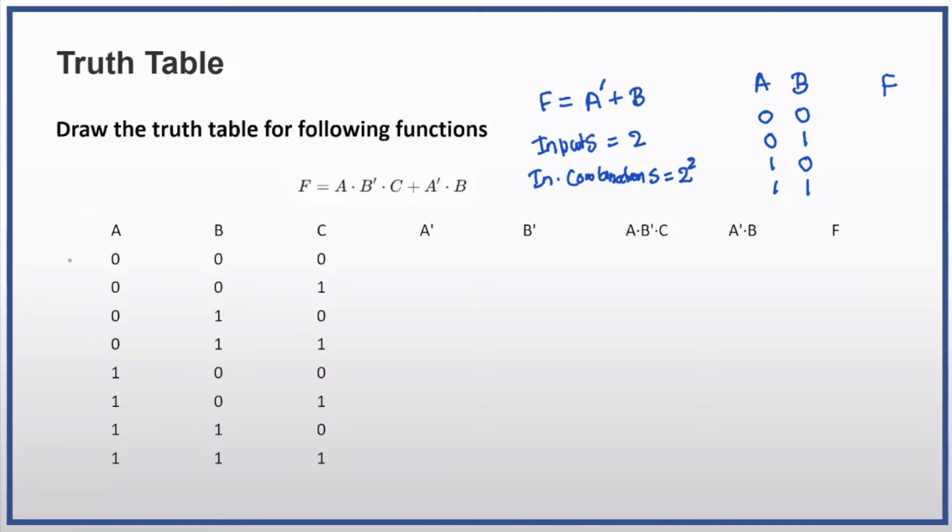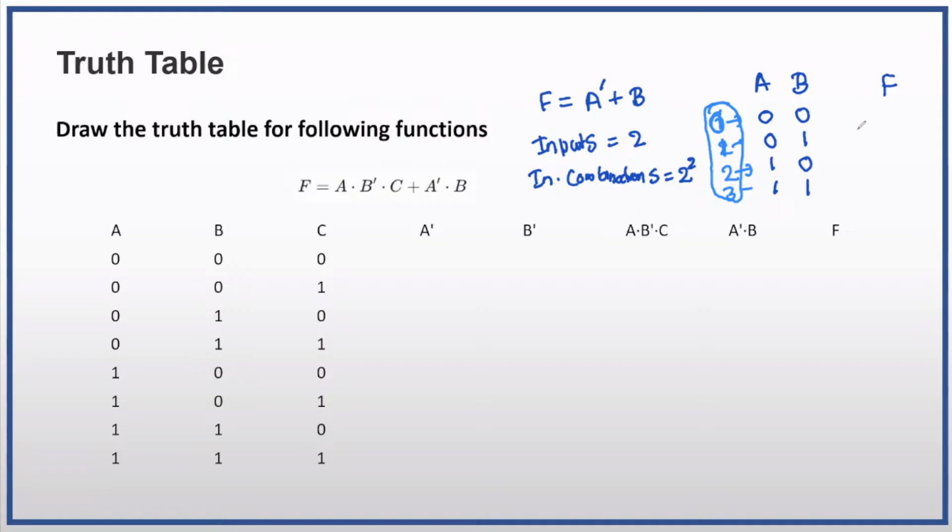You can find these combinations by turning the decimal numbers 0, 1, 2, 3 into binary. When you write these decimal numbers in binary, you get these combinations easily.